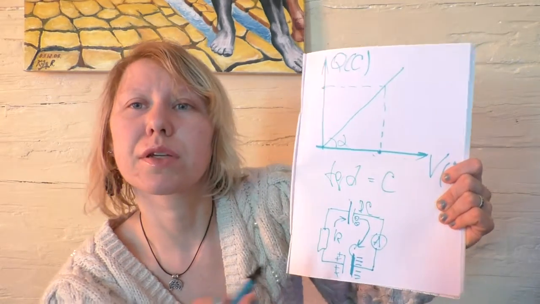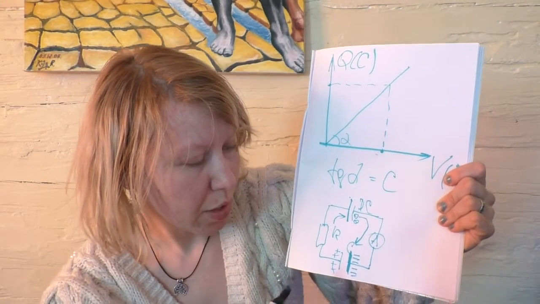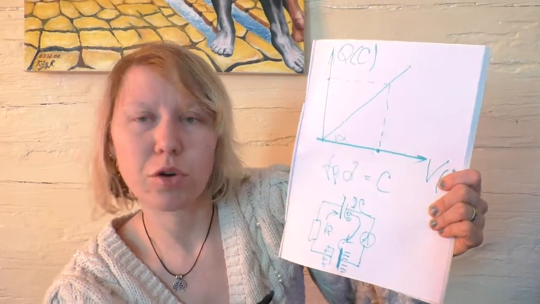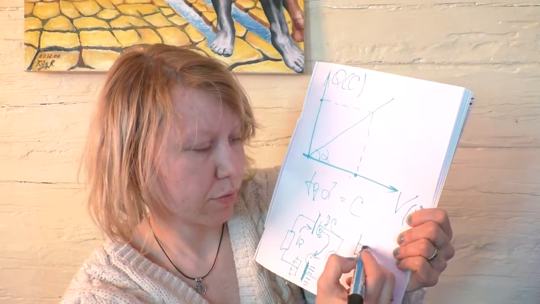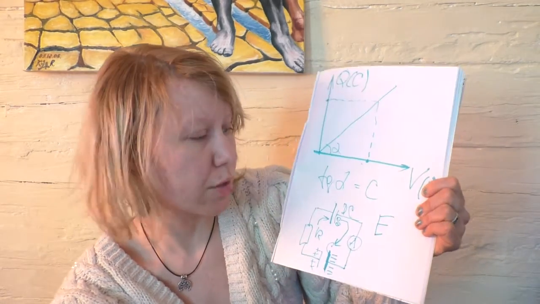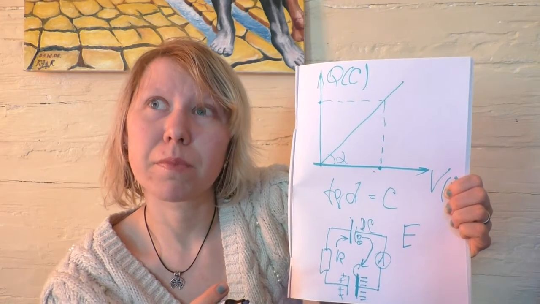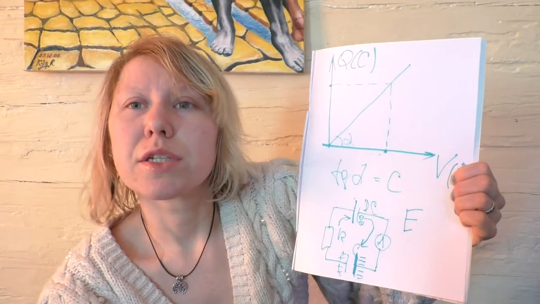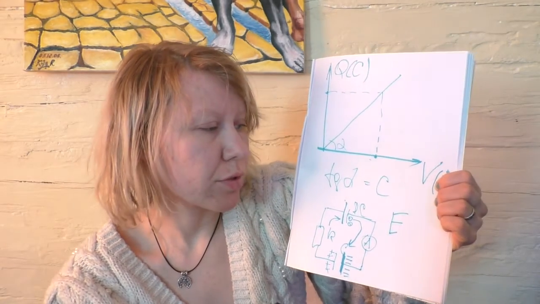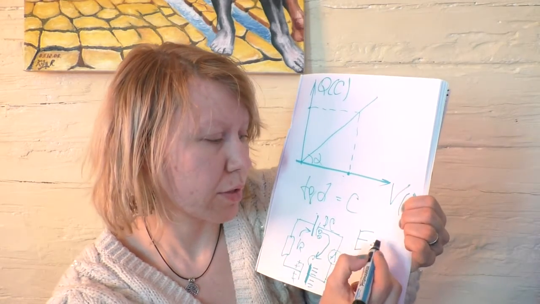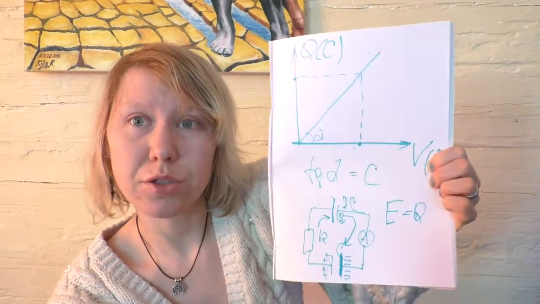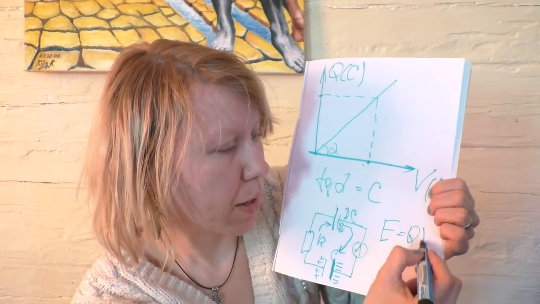As we said, the capacitor can store energy, and we are interested in how to count this energy. For an electrostatic field we have an equation that energy is charge multiplied by voltage.